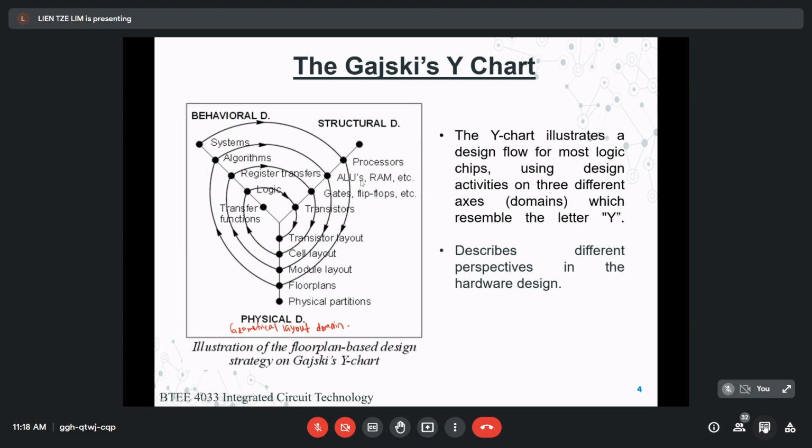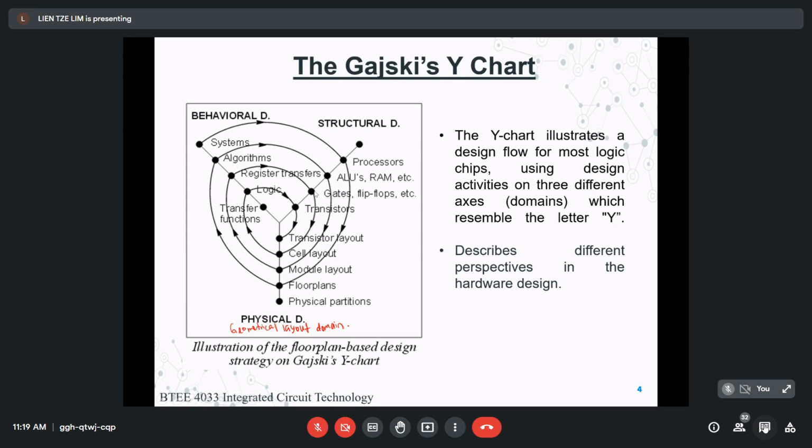This ALU and RAM is actually drawn out in a module layout. If we look in depth inside the modules, it consists of the register transfer, and this register transfer has the gates, flip-flops, and so on.